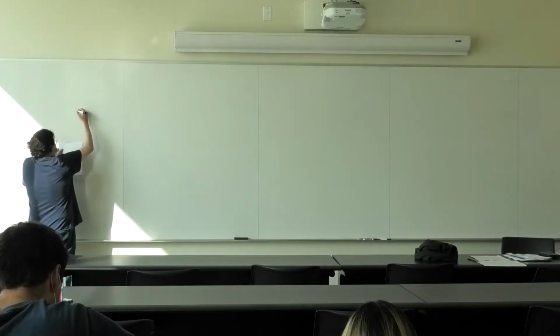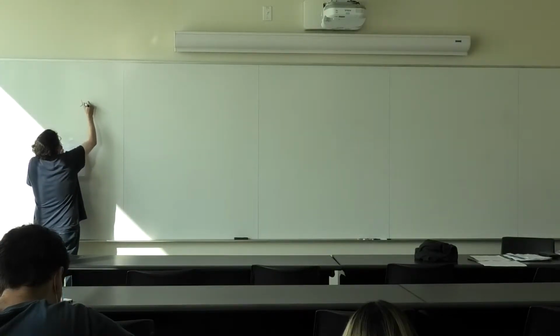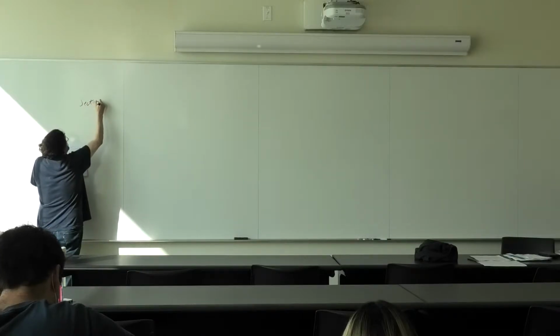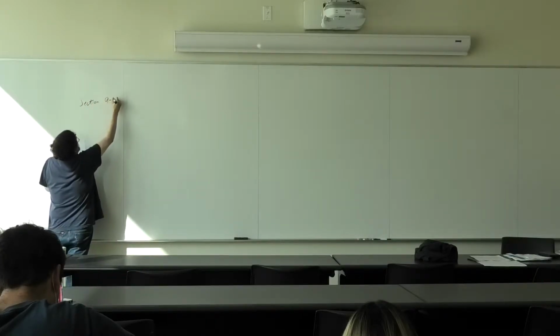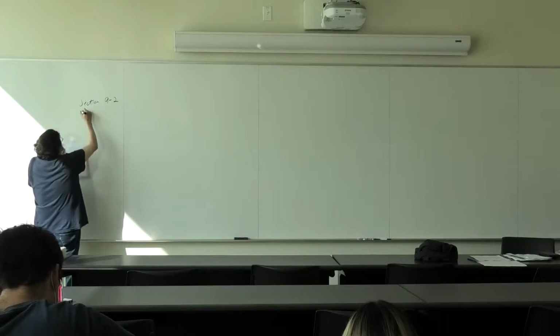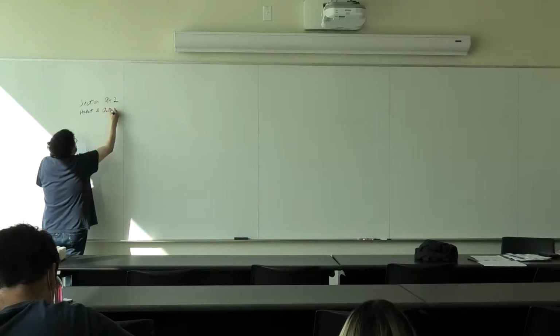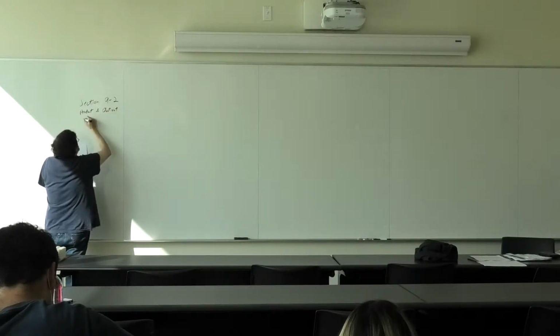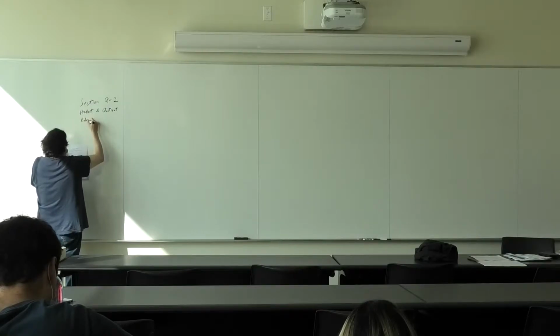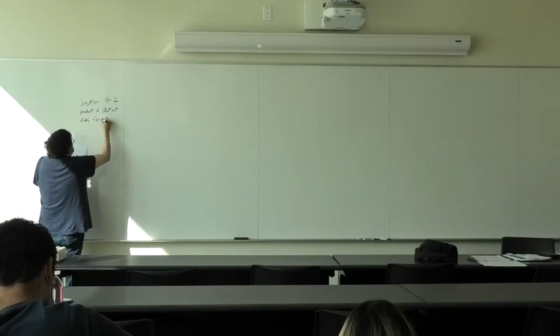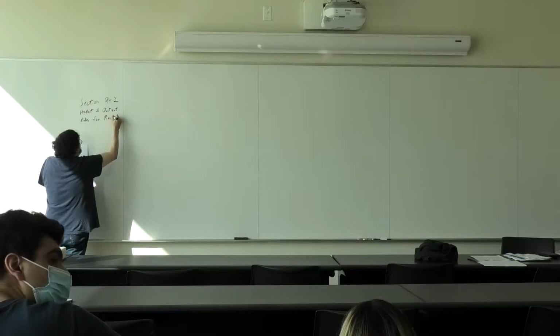Today we're going to look at section 9-2, product and quotient rules for radicals.